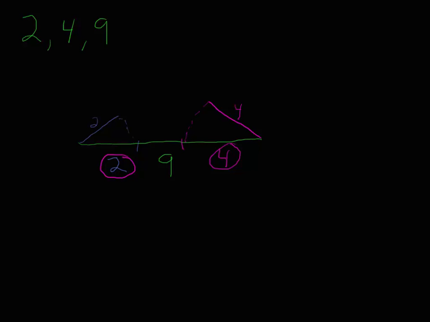Now, let's take a look at an example that will form a triangle. If I have the side lengths of 10, 11, and 17, these will form a triangle. Again, let's take a look at this. The biggest one here is my side length of 17, and we end up with two other side lengths.